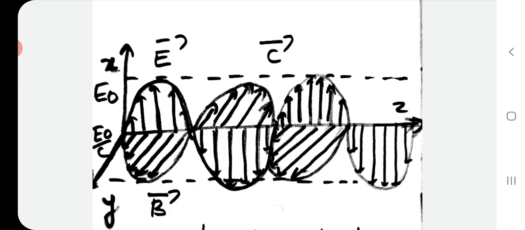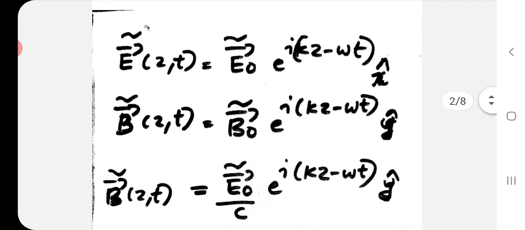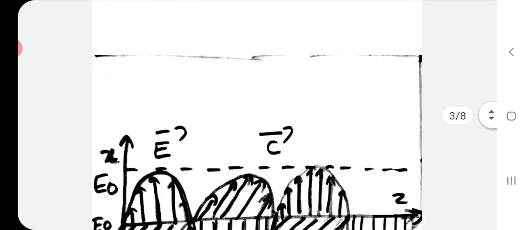This is how we represent the electromagnetic wave with these two equations: electric field pointing in x, magnetic field pointing in y, wave traveling in z.